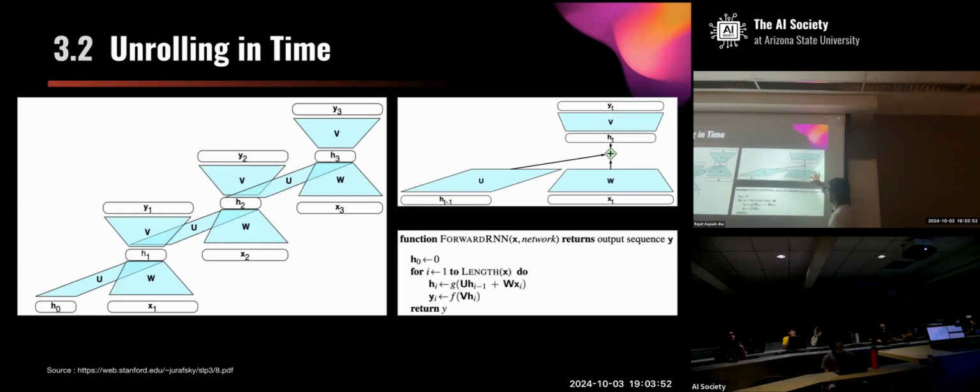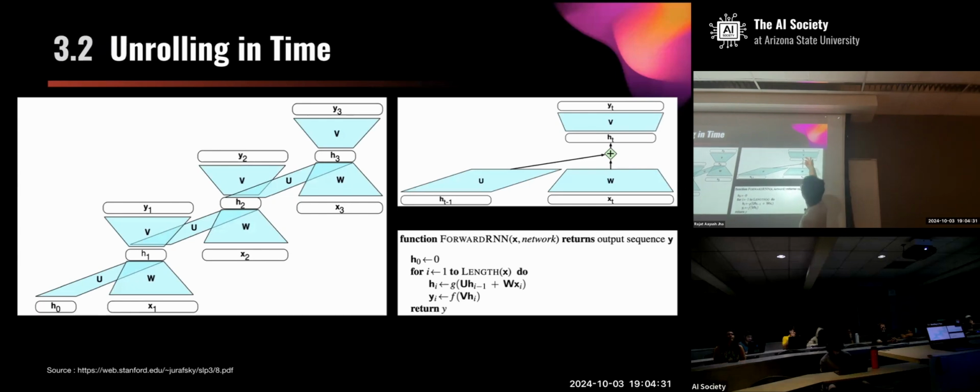Then xt is the current input. You will take the embedding of that input, and you will have a certain weight matrix W. Then, to encode or augment the current input with the information you already know, you will have a certain matrix U. You will multiply U with the hidden state information ht minus 1, and add it to the current input embedding, and then apply some activation function to get the hidden state at that time step.